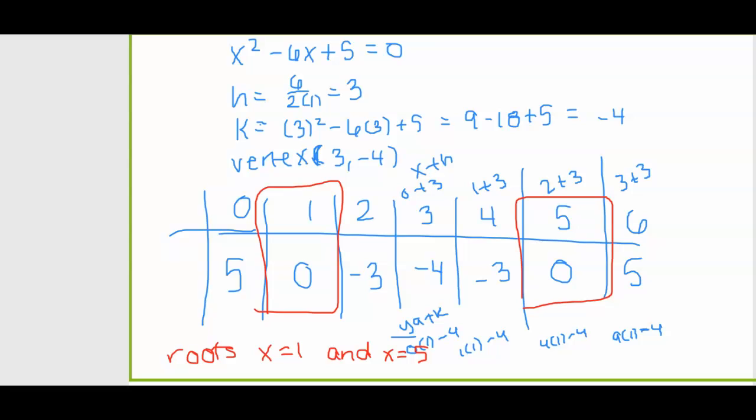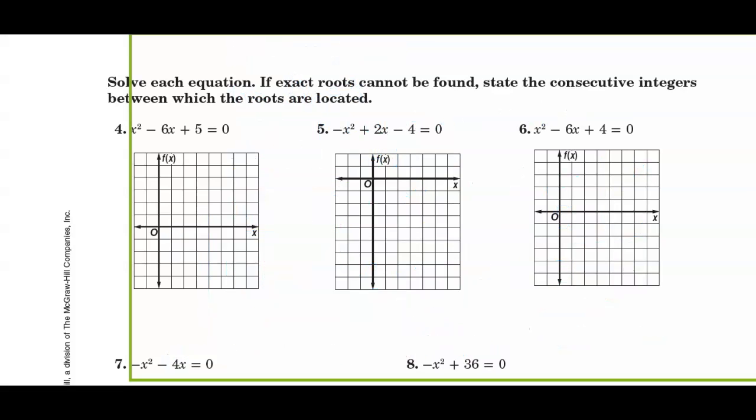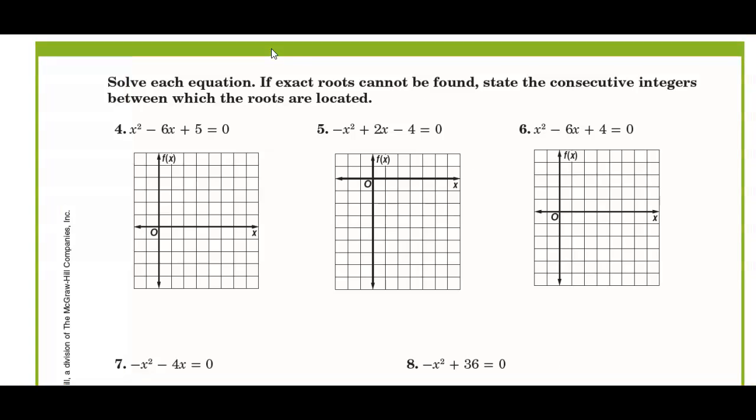Let's take these table values and plot them as points on that handout. So we said our vertex was at 3, negative 4. So we'll plot our point at 1, 2, 3, 1, 2, 3, 4.